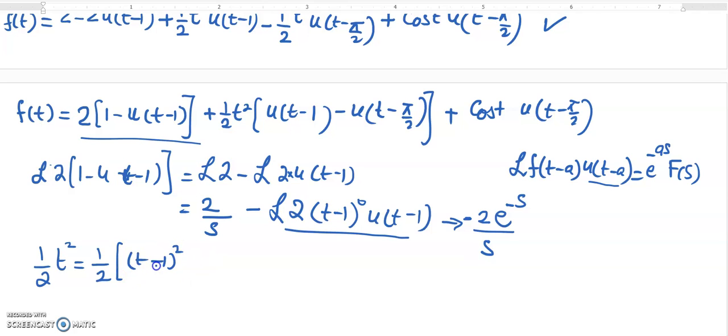What I will have to do is, there will be 2 extra terms: minus 2t, so I will add plus 2t, and another term plus 1, so I will have to add minus 1 over here. Now this is actually t square. The t minus 1 has been taken care of, but this also has to be in the t minus 1 term.